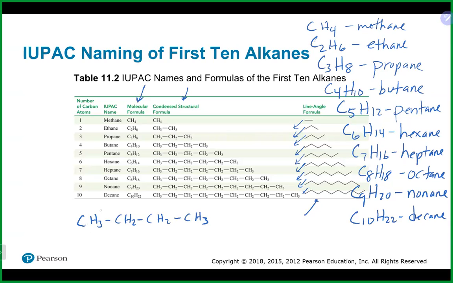Just so we're clear, even though it's written like this, the connection is still carbons to carbons, even though in the expanded form it looks like the hydrogen is what's being attached to. So the proper connection is that is CH3, that is CH2, that is CH2, and that is CH3.